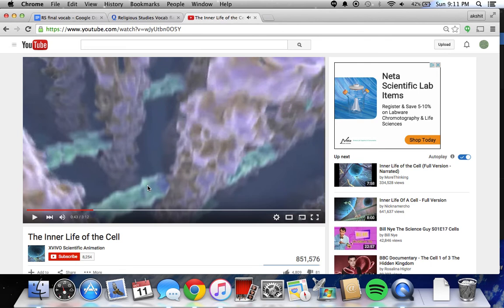This is the cytoskeleton. It's basically the bones of the cell. It helps a lot with the structure. And if a cell needs to move someplace, the cytoskeleton will break down and form in that direction so it helps it move. The cytoskeleton is made out of actin, that's a protein.